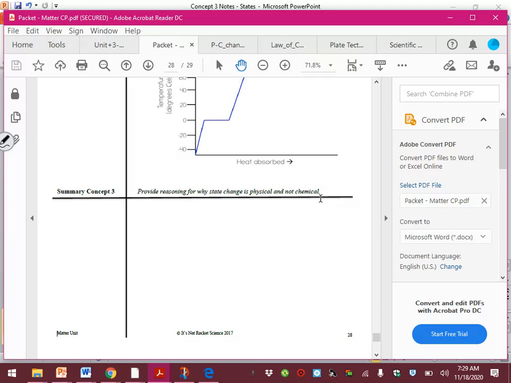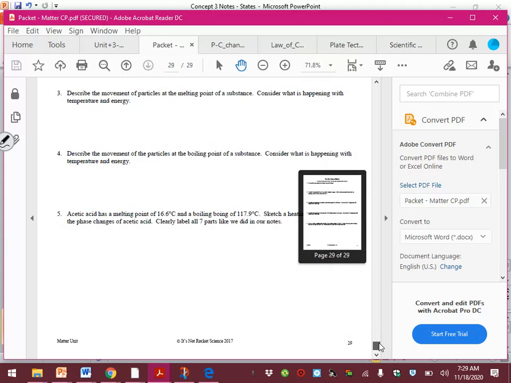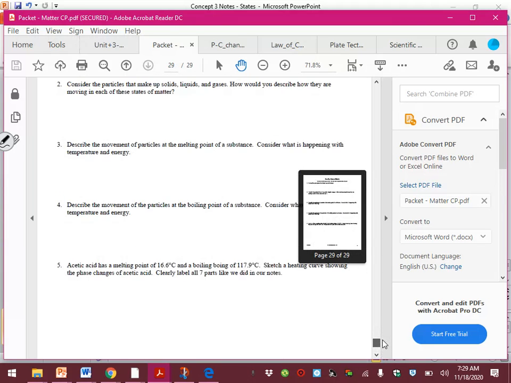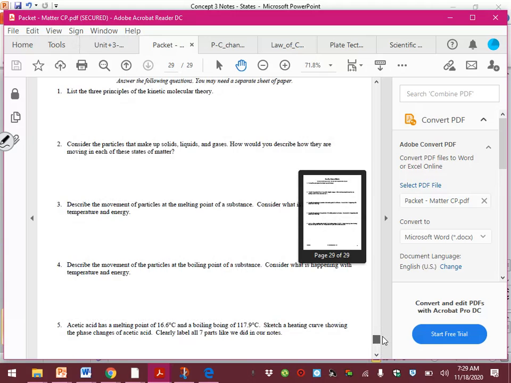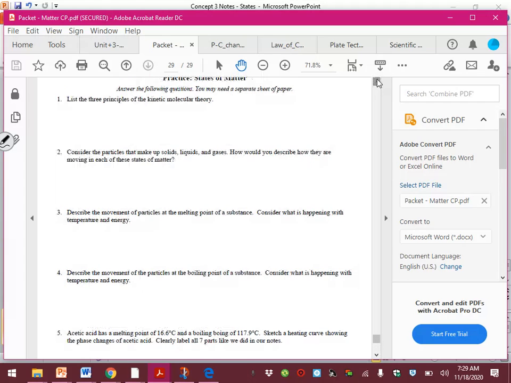Go back to your definitions for those to sum that up. Okay. After that, I want you to work on the last page of the packet here, which is page 29. So answer questions 1 through 5, and then go ahead and submit pages 28 and 29 to Shobi. All right, that's it. Thank you.